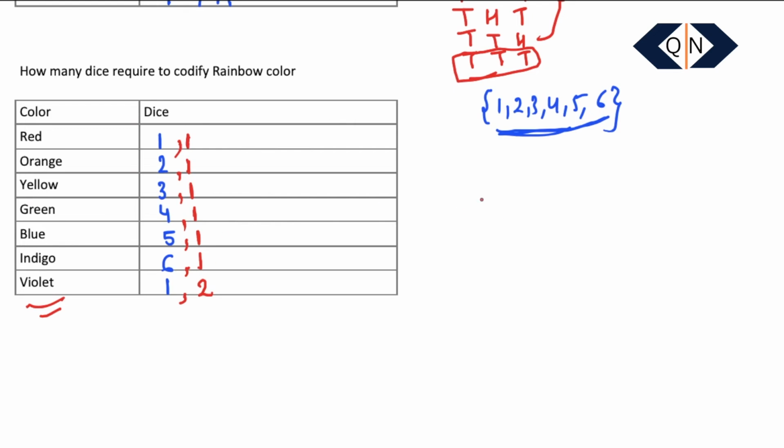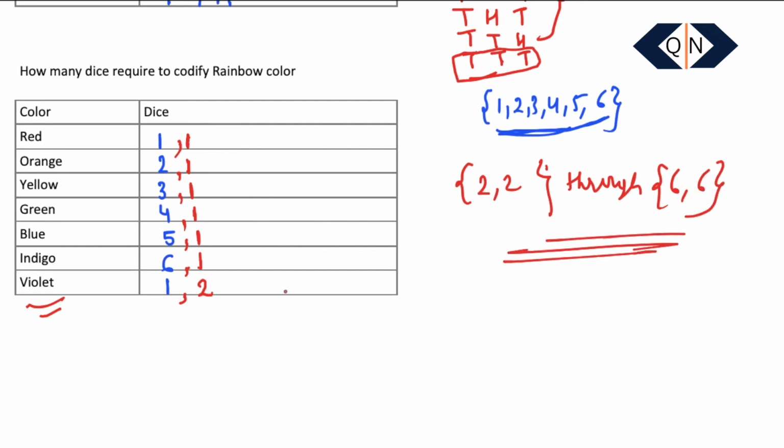Many of the bits are left, means here 2 through 6, everything we have not utilized.